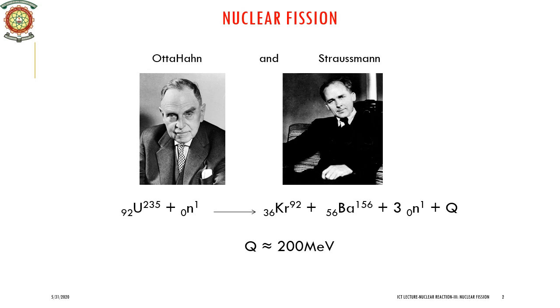92U235 when bombarded with a neutron splits to krypton 92, barium 156 plus 3 neutrons on an average. The Q value, or the energy released, can be calculated from the mass difference between the masses of the reactants and products, and for the above reaction this mass difference is 0.22 AMU, which gives an energy yield of about 200 million electron volts.